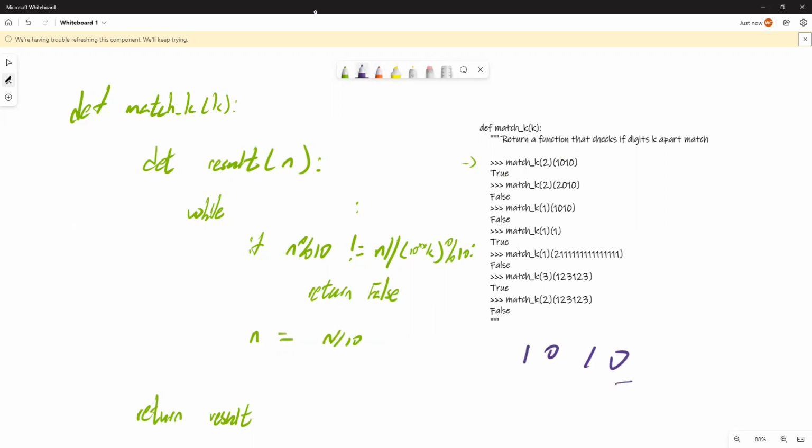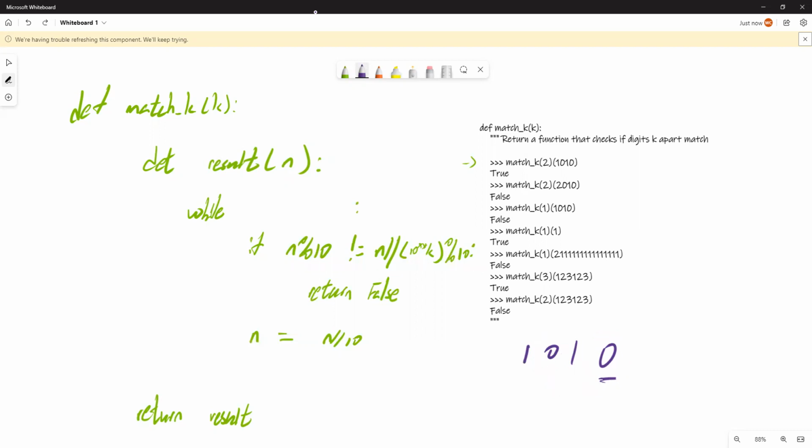First, we check the rightmost digit, which is 1, and then divide by 10 and % 10, so we're checking these two 0s. If they match, good.